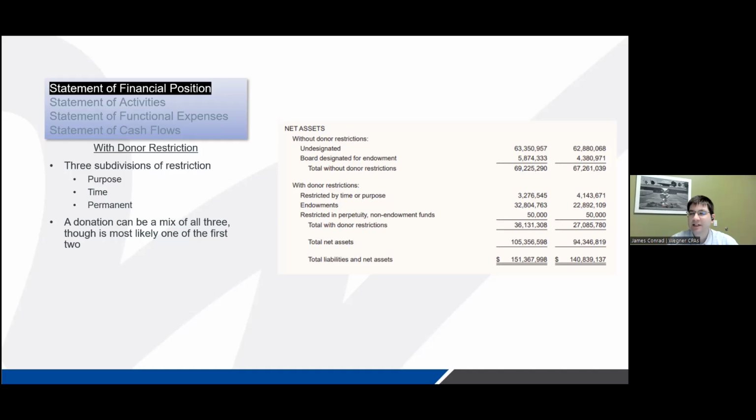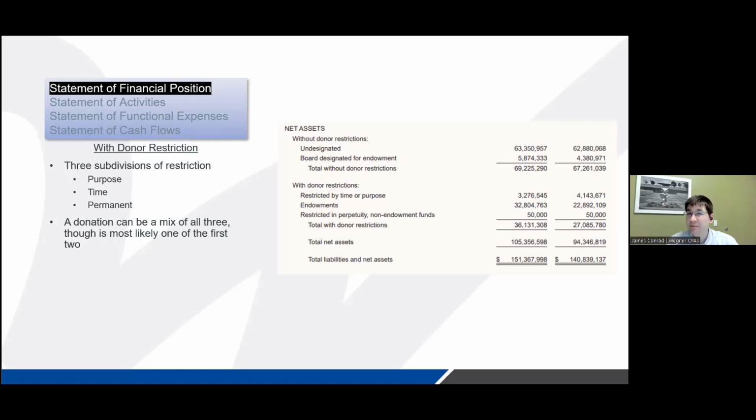Now, if you have something that's restricted for time, if you're giving a large donation that you want to have used at later periods, say you're giving $100,000 and you want it to be used up over 5 years, there's a restriction for time in there. Or permanently, you don't want the company to be able to touch that donation ever.